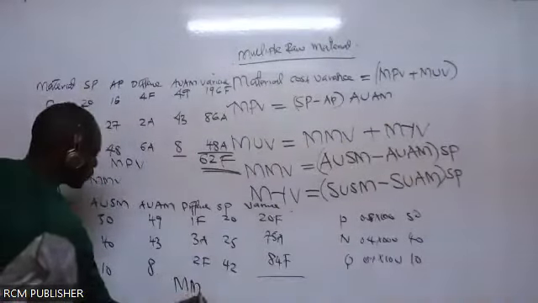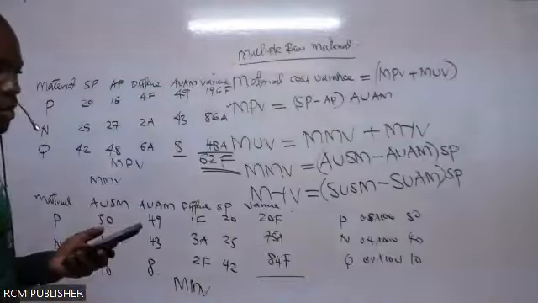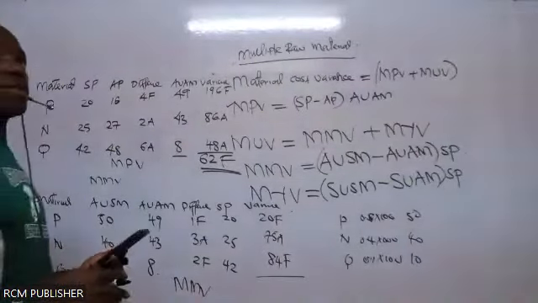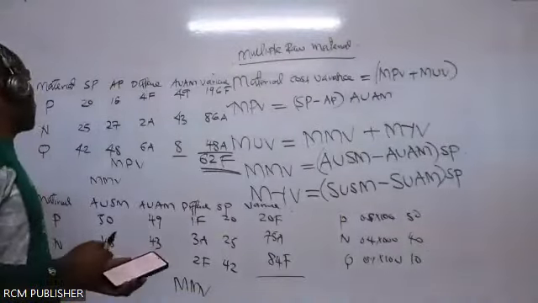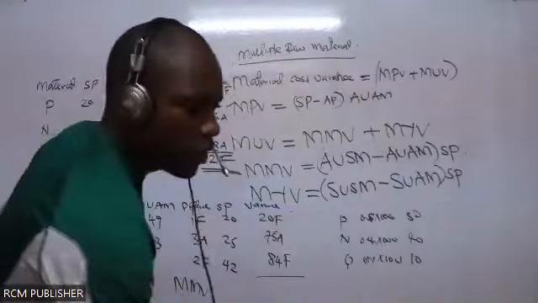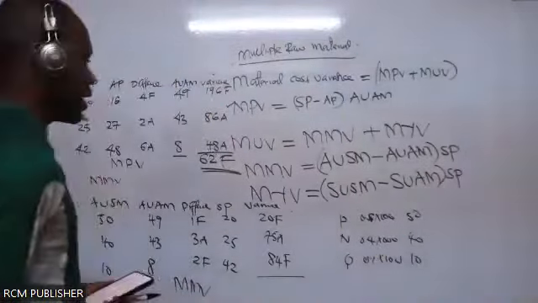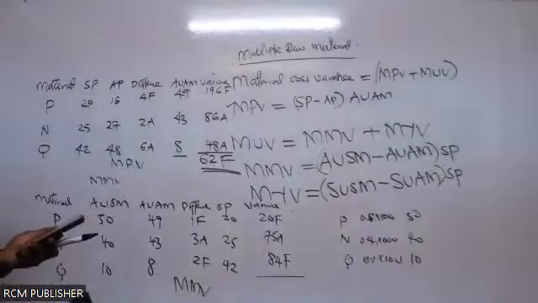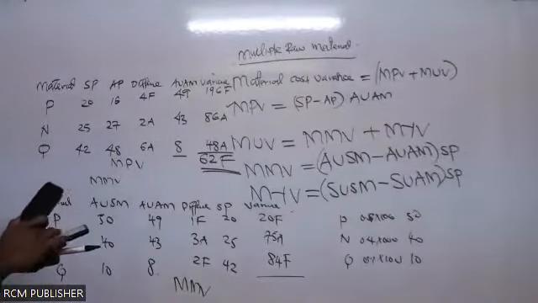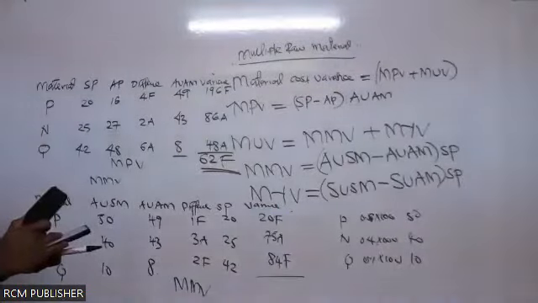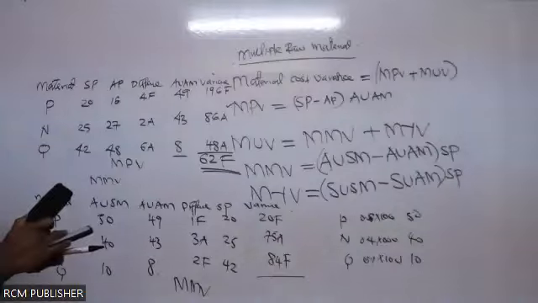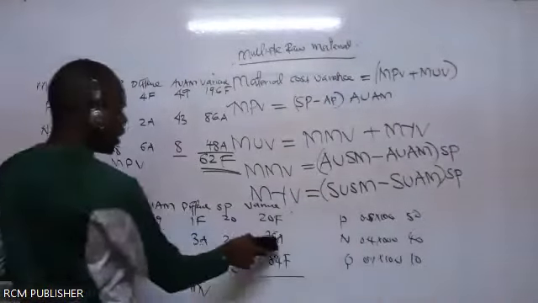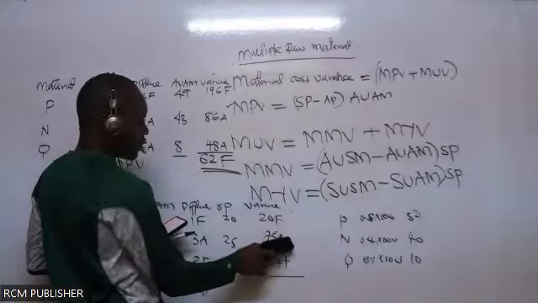Let us get the variance. Material mix variance. And let us know this one is A, adverse. So these are all negative.